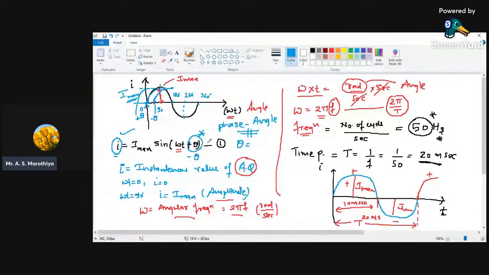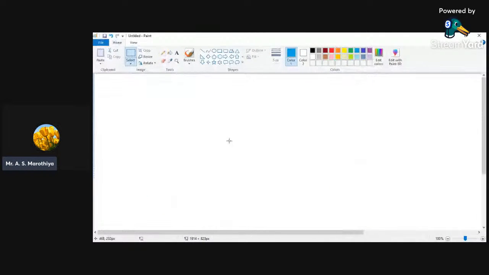And there is one more concept which I am supposed to explain in this session: the relationship between theta and time. What is the relation that I will explain? Suppose we have two alternating quantities.